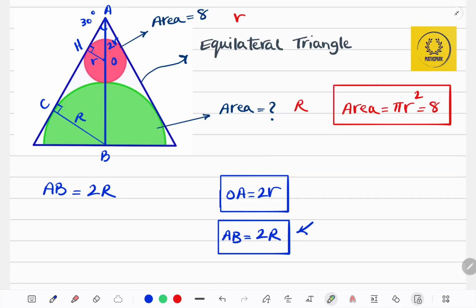The first one is OA, which is 2r, plus this part, which is radius r, plus this part, which is radius uppercase R, equals 2R. 2r plus r is 3r, and I'm going to subtract r from both sides.